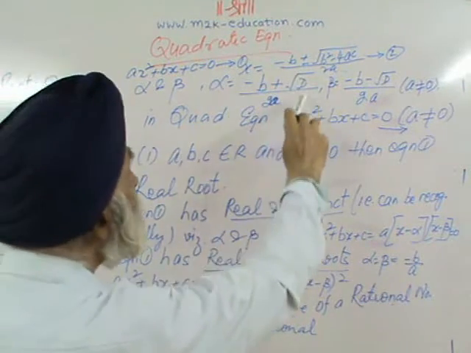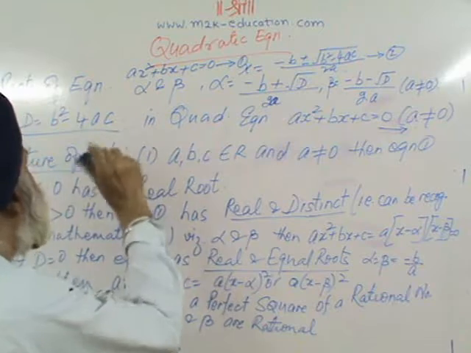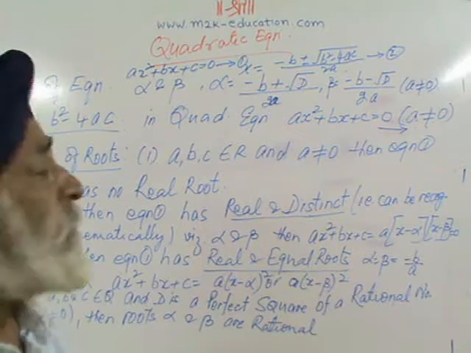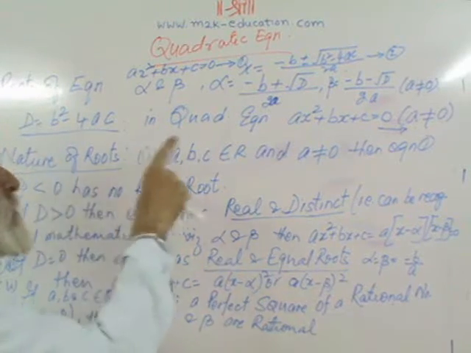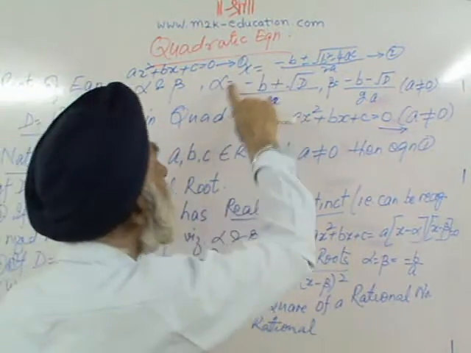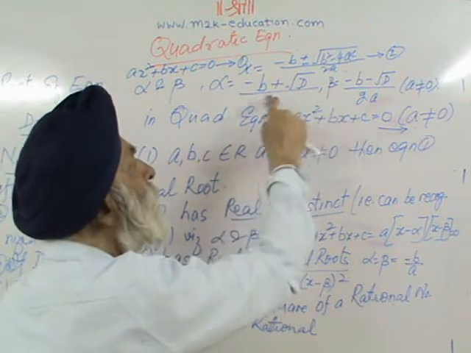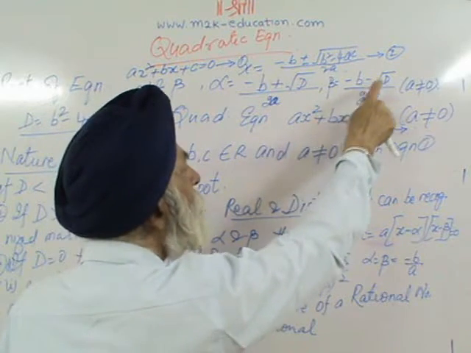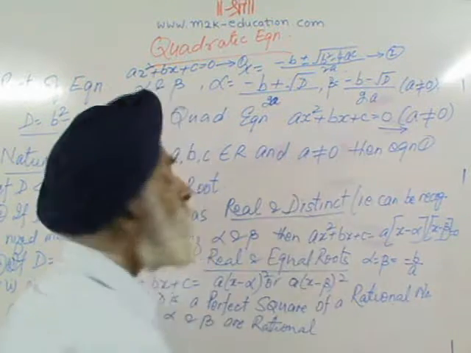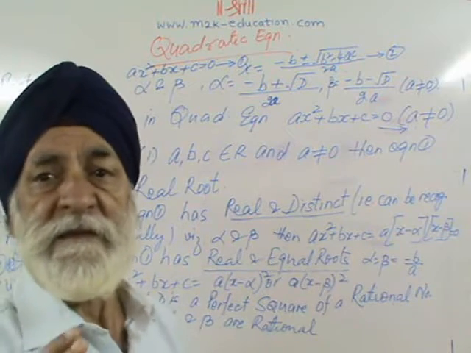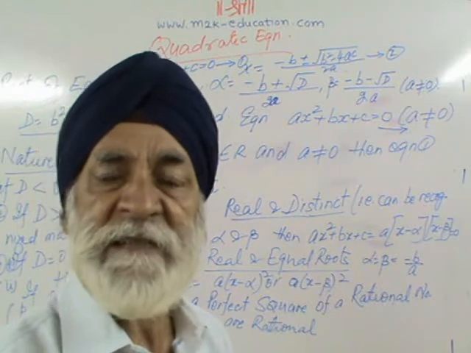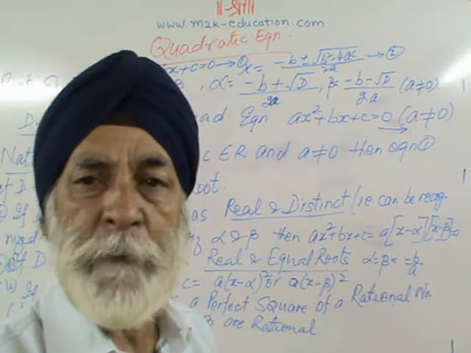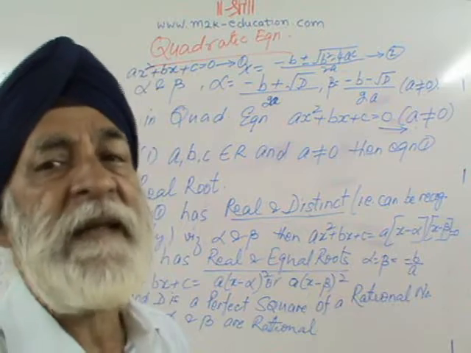Now coming back to D, which is called the discriminant, b² − 4ac. In the roots alpha and beta, we have (−b + √D) / 2a and (−b − √D) / 2a. Now D can take three values: it can be more than 0, it can be 0, it can be less than 0, positive, zero, or negative.